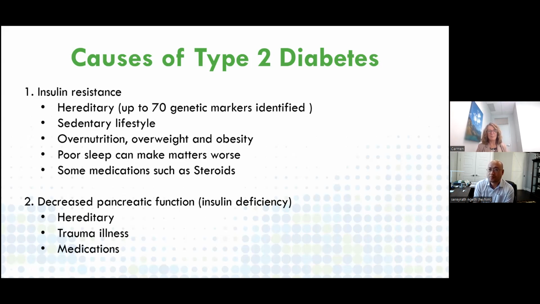And there are some medications, actually quite a long list, that can cause some insulin resistance. Possibly one of the best examples would be steroids, like prednisone, that may be prescribed for other conditions. So decreased pancreatic function or insulin deficiency could also be hereditary, or from trauma, illness or medications. Next slide, please.